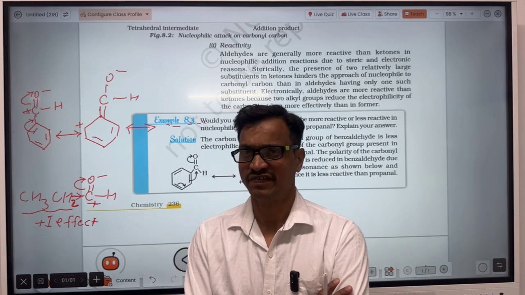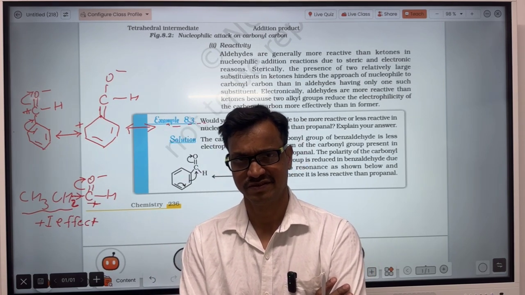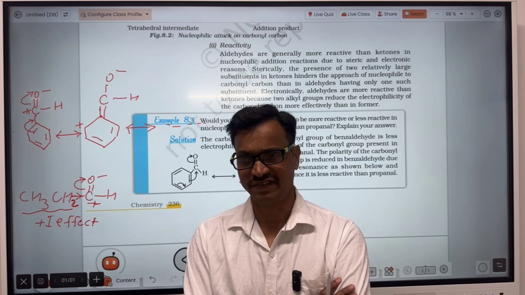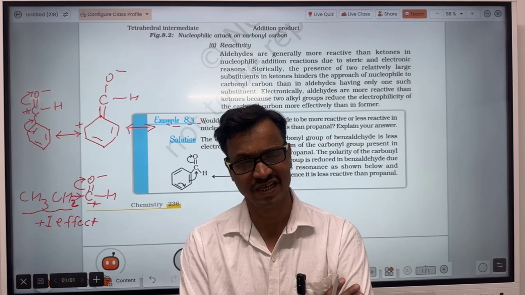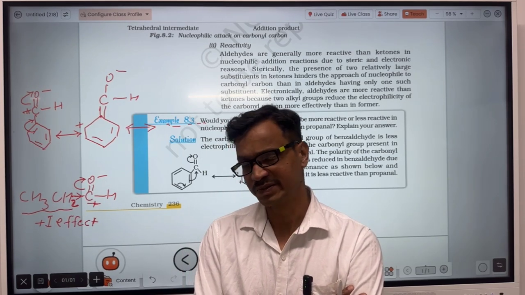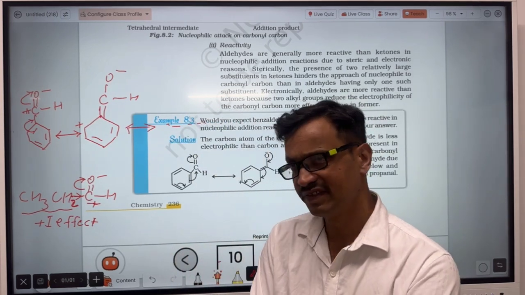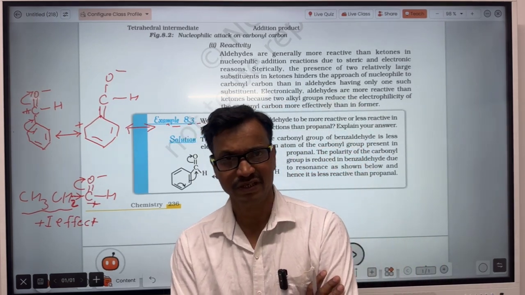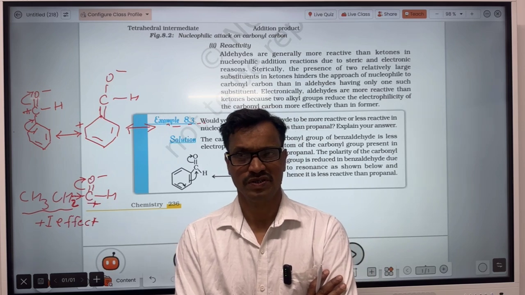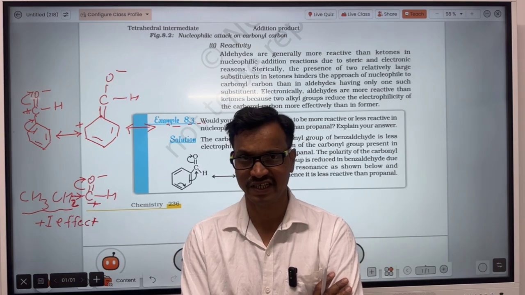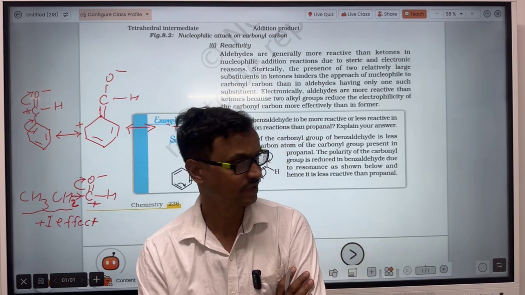As we know, the R effect is more effective than the I effect of an alkyl group. That's why propanal will be more reactive towards nucleophilic addition reaction.